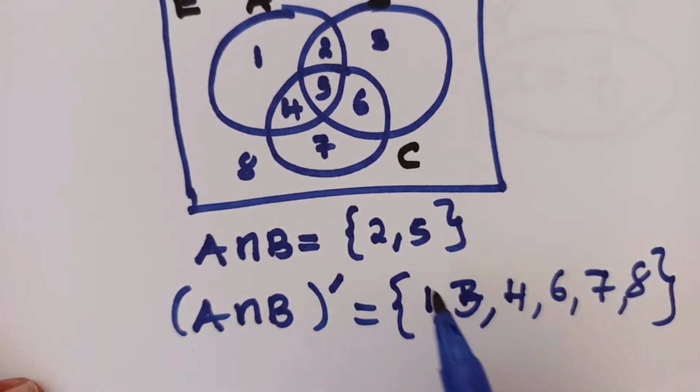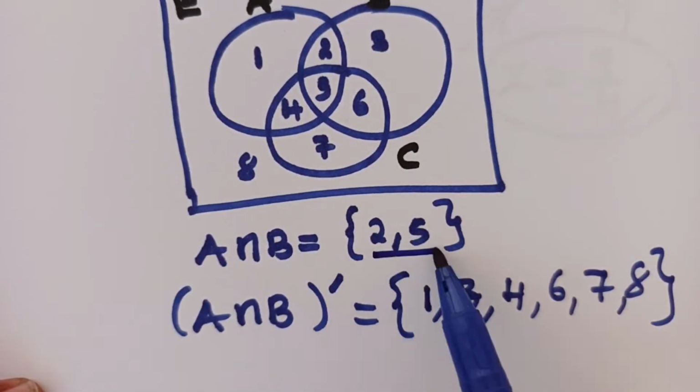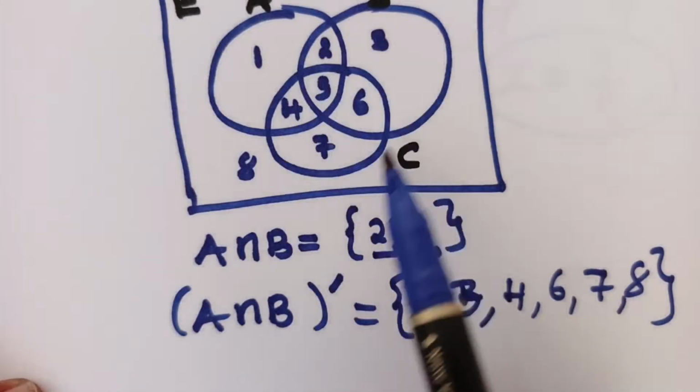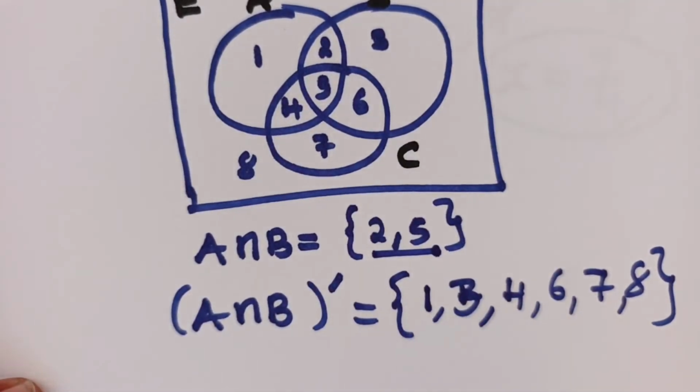These are the numbers which are in A intersect B complement. Don't get what is here, but get the other numbers that you're able to see. And this is how they will look.